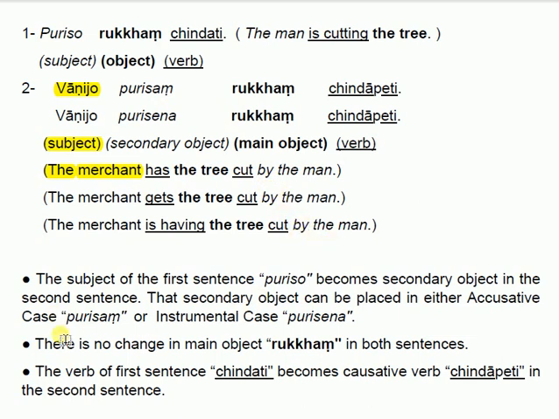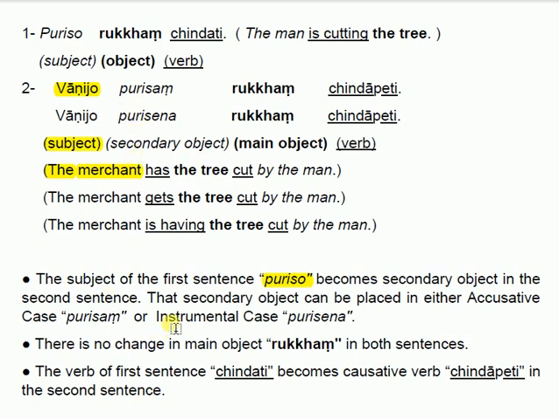And here the subject of the first sentence, Puriso, becomes the secondary object in the second sentence. In the second sentence, Puriso becomes Purisang or Purisena, secondary object.